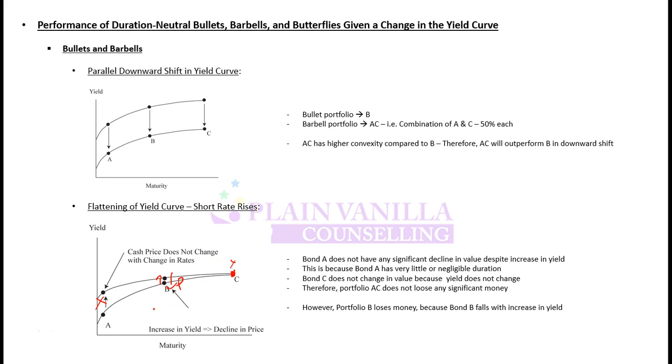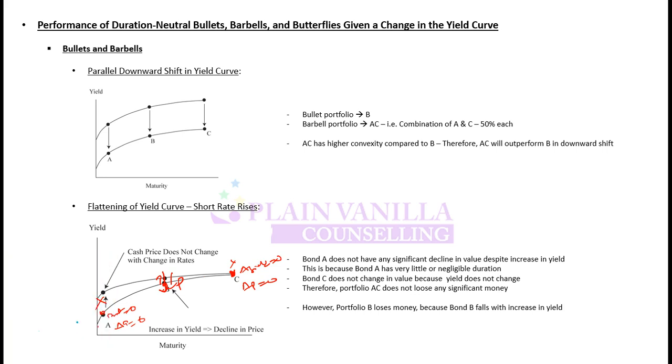So no change. That means again A and C together will outperform B. So portfolio B falls while portfolio AC will remain stable. Why stable? Because duration here is 0, so overall change in price is 0. Here change in yield is 0, so overall again change in price is 0. If one of these is 0, then overall change in price will be 0.